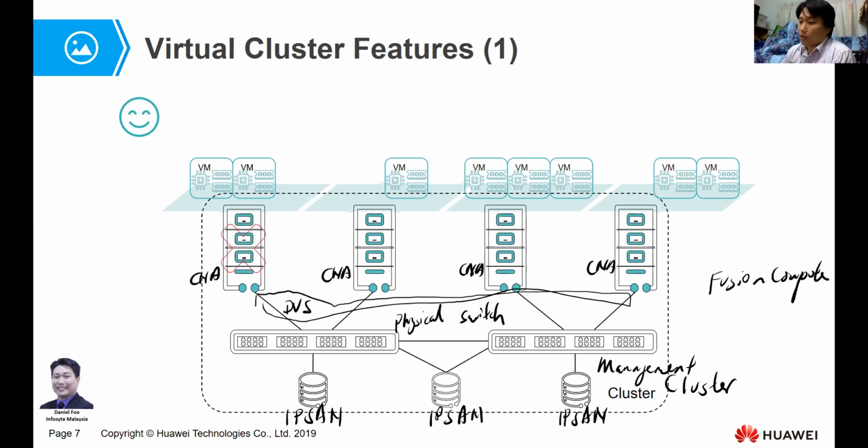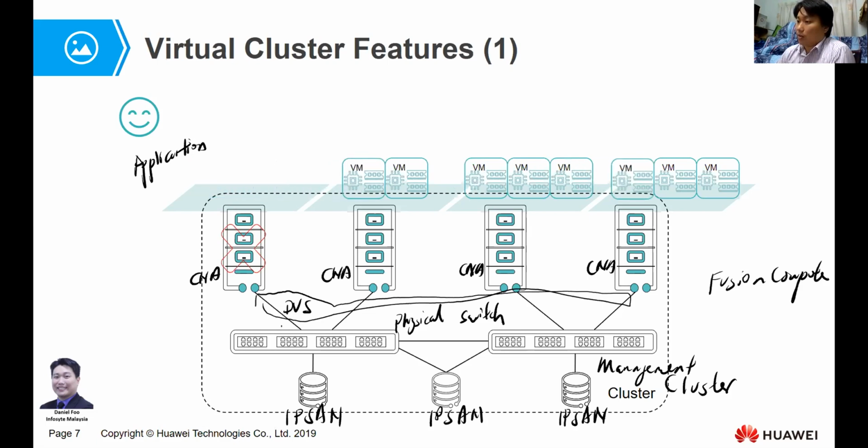Now, when you have a virtual cluster, you see that over here, if one of the CNA nodes is down, your virtual machines are basically running like an application, for example, although they come with their own operating system and application inside. So when one CNA host is down, in one same management cluster, your virtual machine can move to run from one CNA to the other CNA.